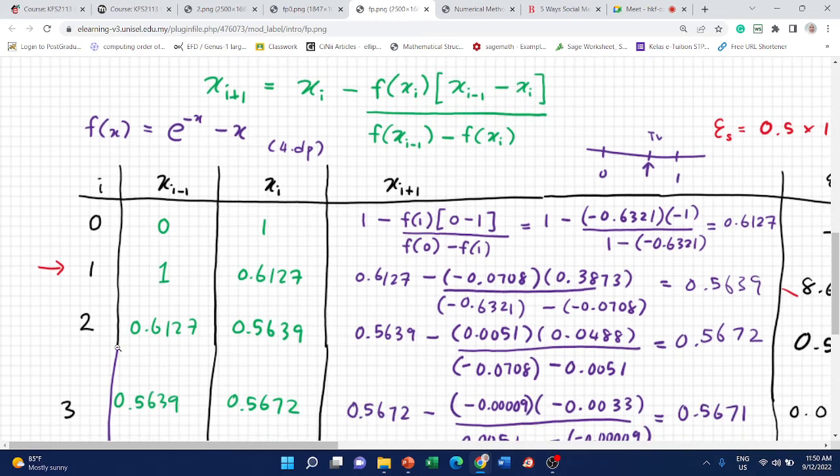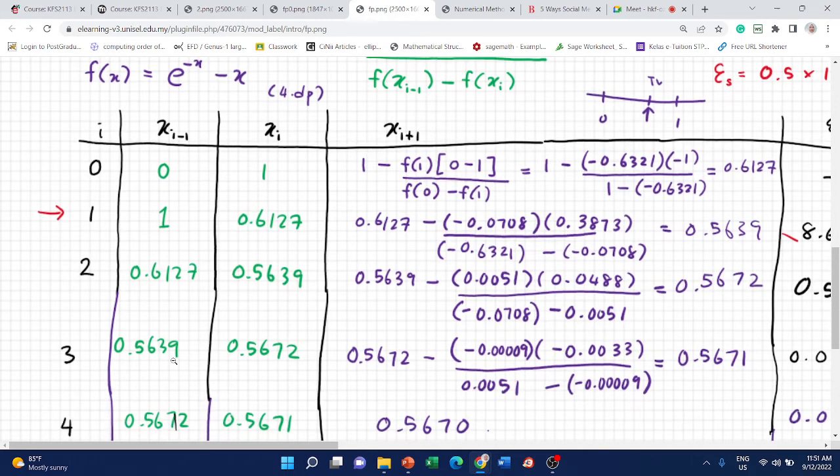Next interval you can sort, larger to smaller, then you compute the new value. Your latest value of xi, same formula. You have 0.5672.